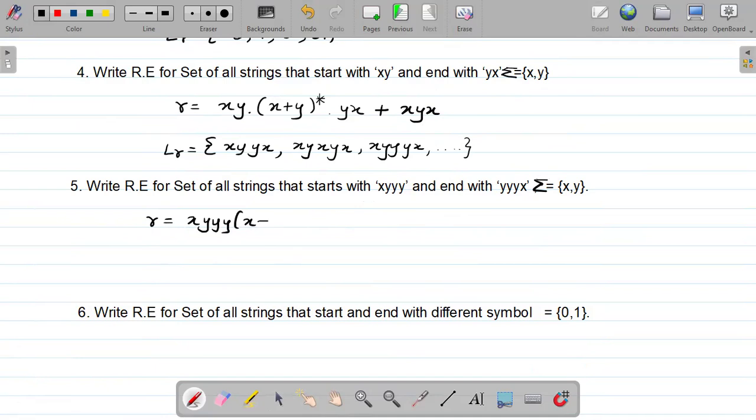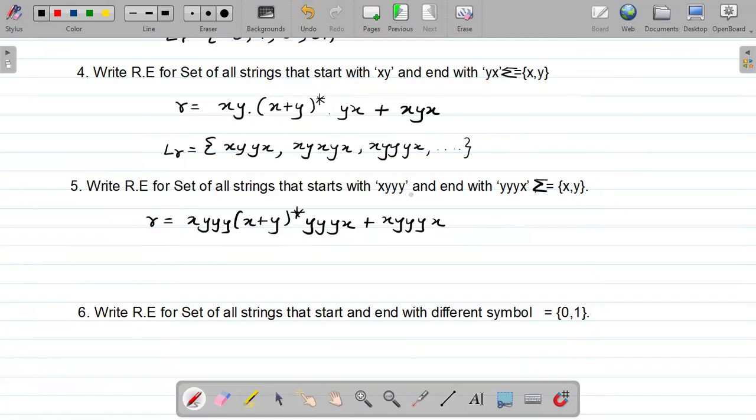In between we'll get any combination of x and y, and then it is ending with triple yx. But we may have an overlapping here. So it will be x triple y followed by x, so three y's.